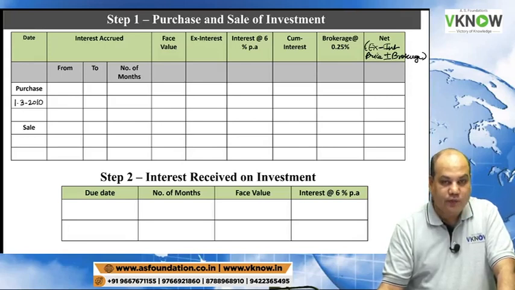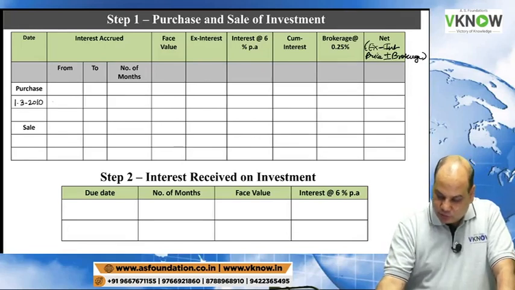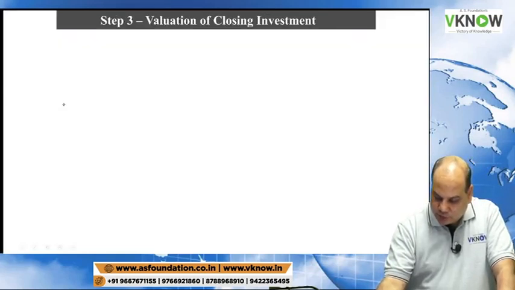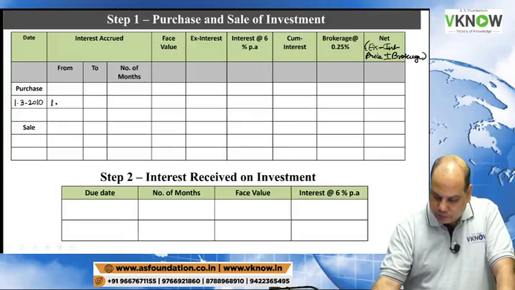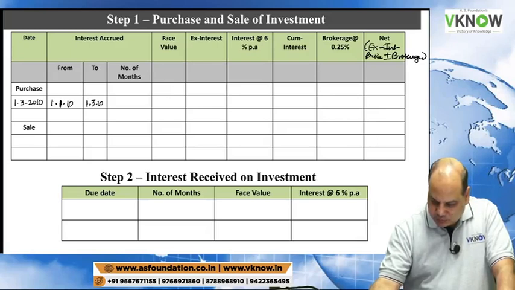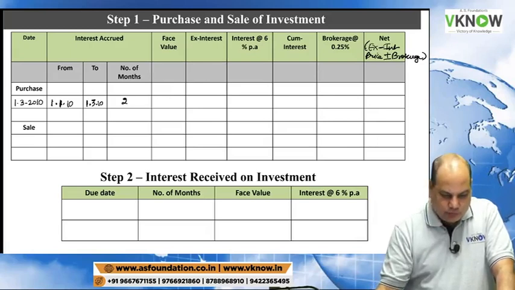So up to 31st December interest has been paid. Interest will start accruing again from 1st January 2010 to 1st March 10, 2 months only. January and February. Do not take March.